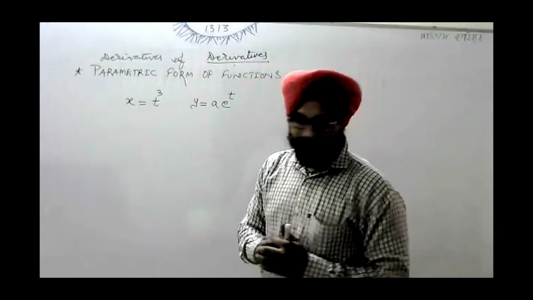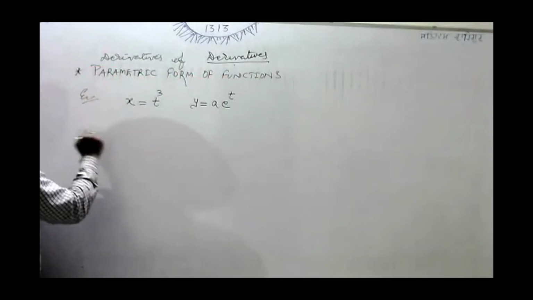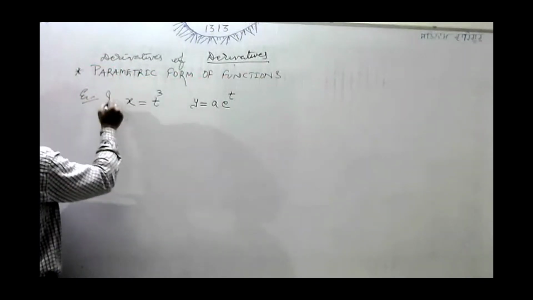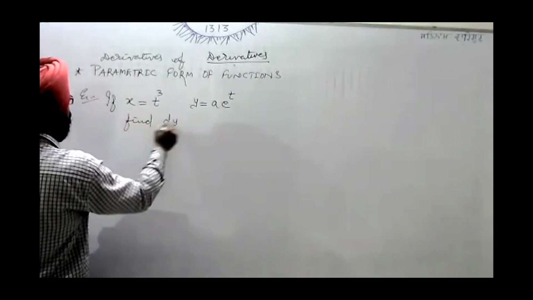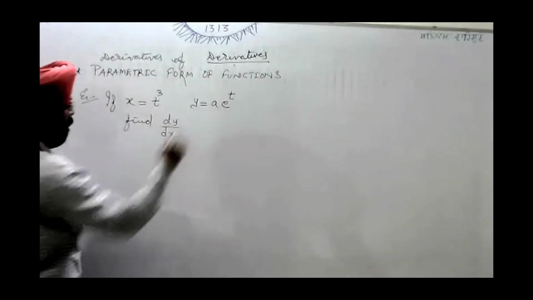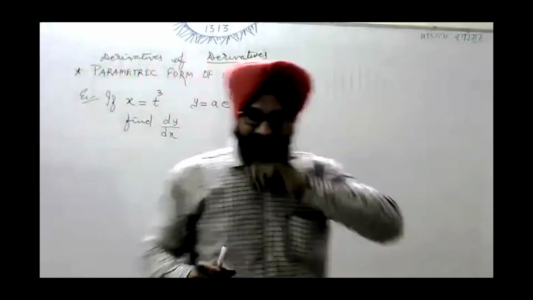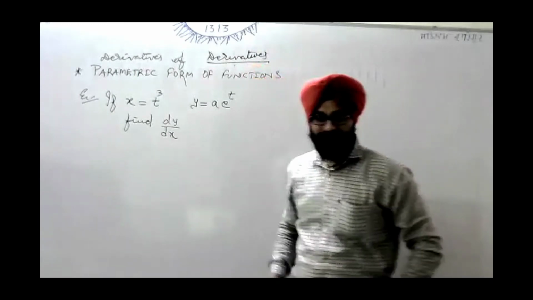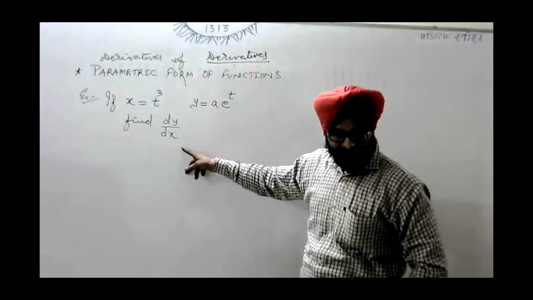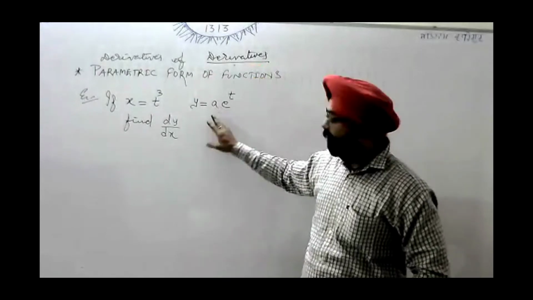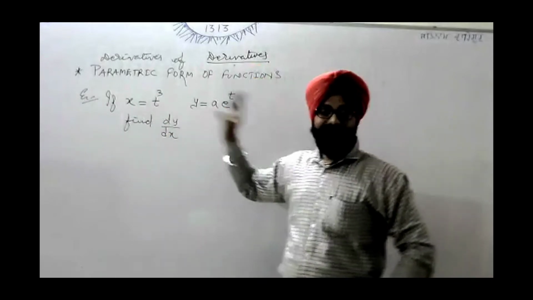A simple question: if I say find dy by dx, if x and y are given so. Now you observe, what is the meaning of dy by dx? We require the differentiation of y with respect to x, but we are given the value of y in terms of t, and x also is given in terms of t cube.